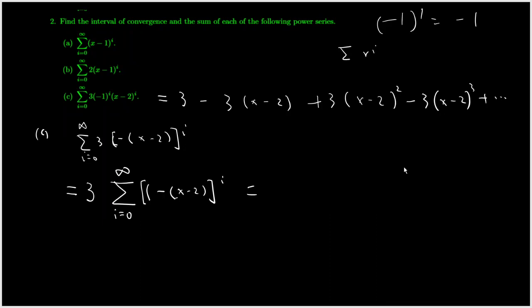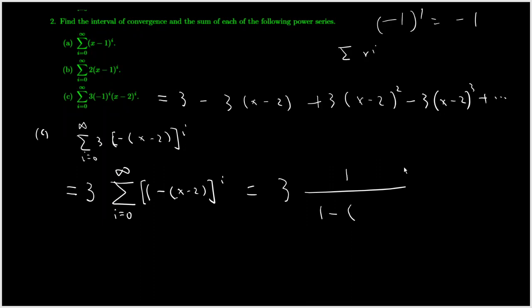Now we are ready to use the formula. So for the given series, do not forget the constant factor of 3. You still have the 3 in here, okay? And then do not forget your r, okay? On the numerator you have 1, right? It's simple. On the denominator you just have 1 minus r.